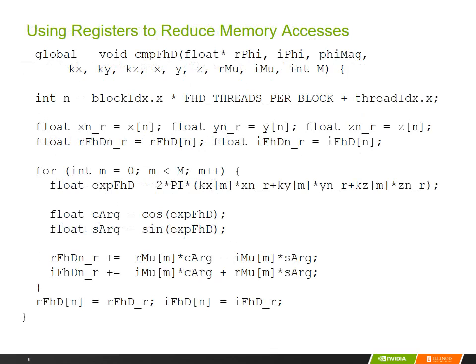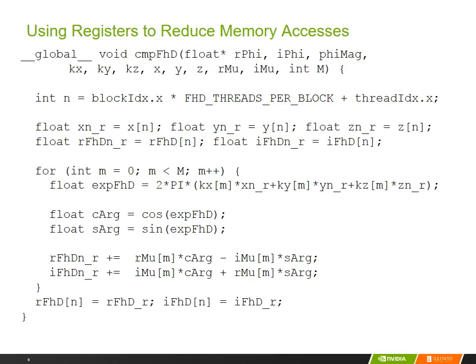Now that we have eliminated the memory update conflicts in the second FHD kernel, we can further improve the execution speed of the kernel by reducing the memory accesses using registers. So here we show the kernel code where, instead of accessing the X, Y, Z, and RFHD, IFHD array elements in every iteration of the inner loop, we first load the X, Y, Z, and RFHD, IFHD elements into registers or automatic variables.